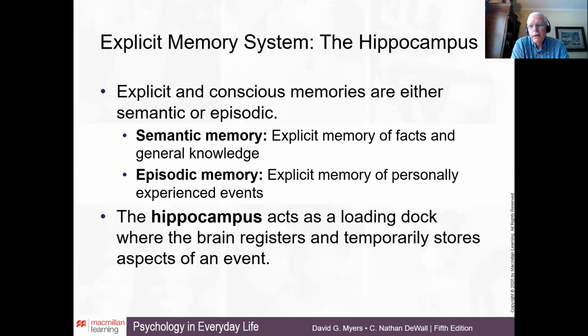So when we're sleeping is when this communication seems to be going on primarily between the hippocampus and the cortex, as memories are being created and then stored in our brain.